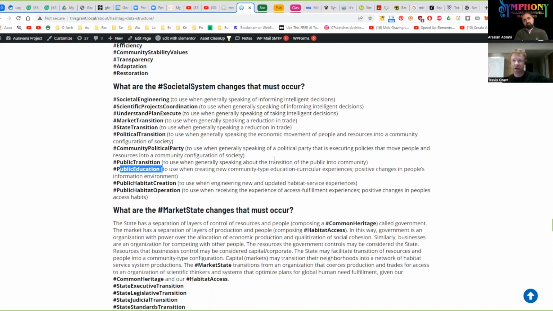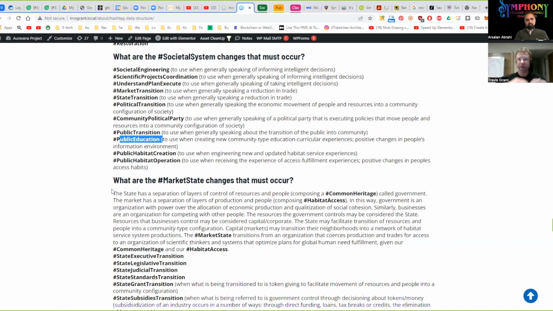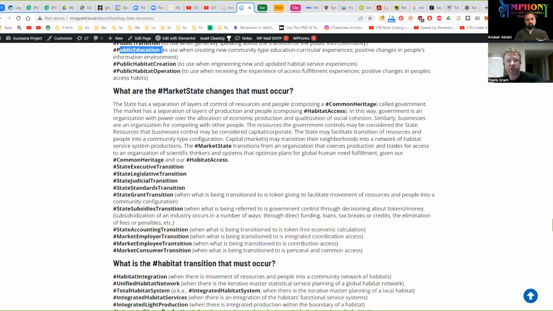There should no longer be a lag, because they're being educated based upon our standards, which these organizations are producing. Some of the better universities are linked with standard setting organizations, so that the students are facilitating the work in the development of the standards, and they're getting to learn about the standards immediately in real time. So we have the standards, and we have what market state changes must occur.